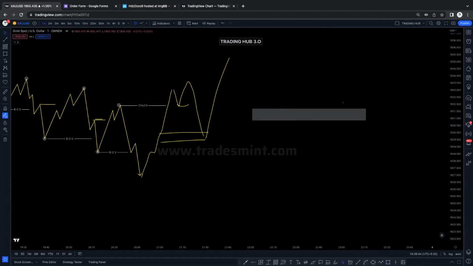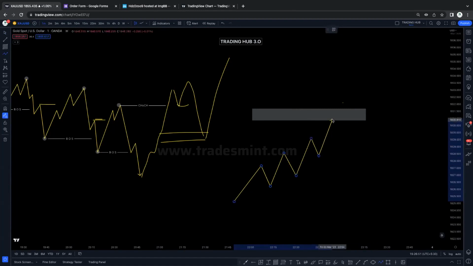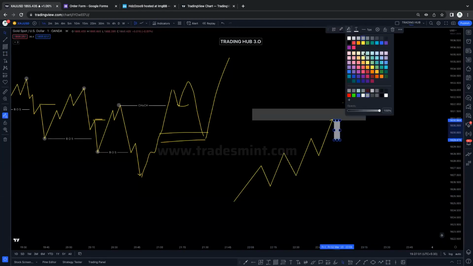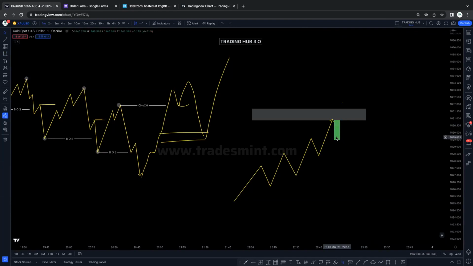for example, this one, and this is a lower time frame, and you can use lower time frame and higher time frame also. Single candle order block, and price taps here, and then the market creates something here, like this is the last buying candle before this drop.